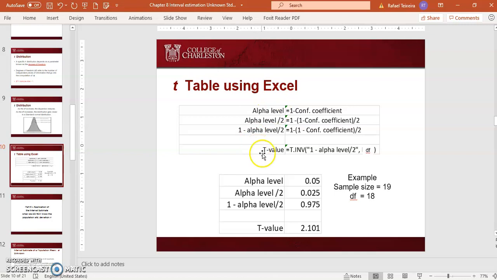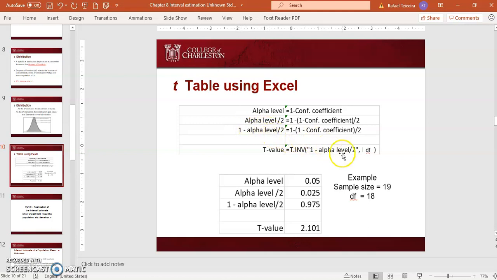So this is how you do it. First, you have to compute the alpha level like we had before. That's 1 minus the confidence coefficient. We divide the alpha level by 2, and then we subtract 1 minus the alpha level divided by 2. And here are the formulas, and we use this resulting number.